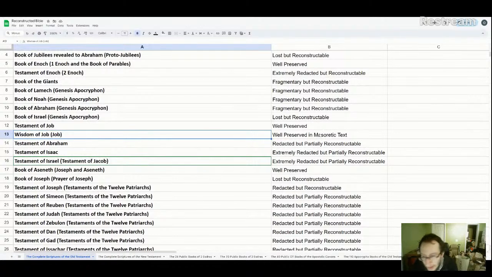The Septuagint, on the other hand, does not preserve it well. The Septuagint may be useful, though, for how to translate certain portions of it. But overall, the Hebrew text of the Masoretic text, I believe, is well preserved. So I think in terms of accuracy of Job, that's going to be a book that we don't have to reconstruct too much. So that's good news for Job.